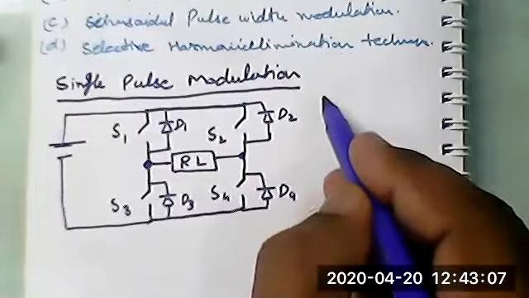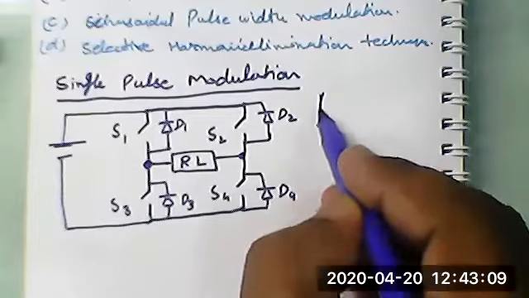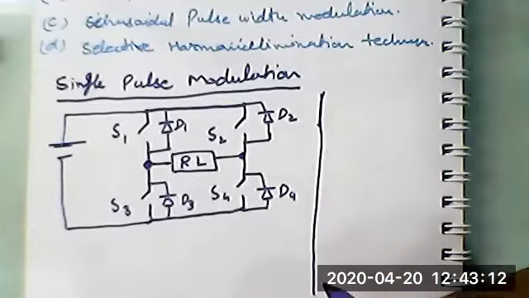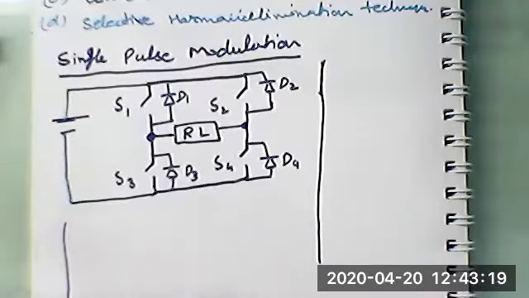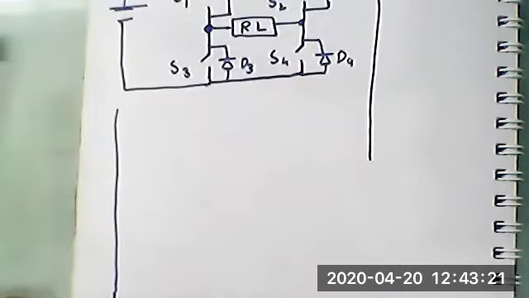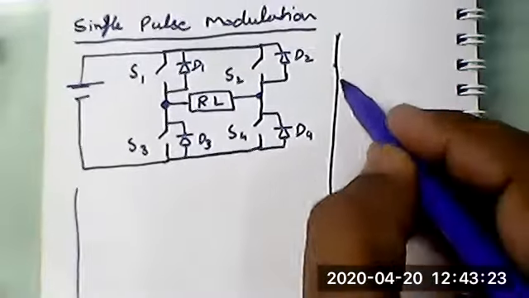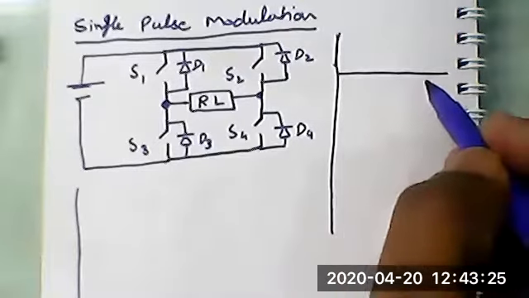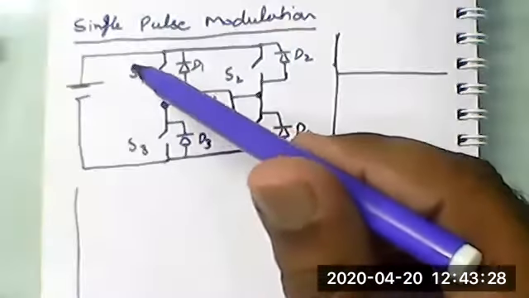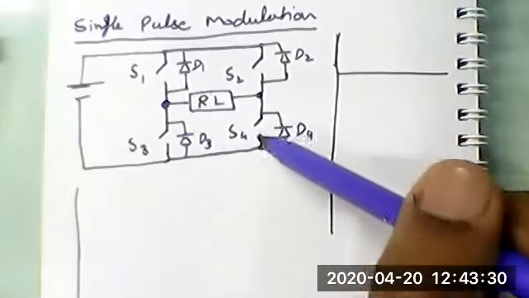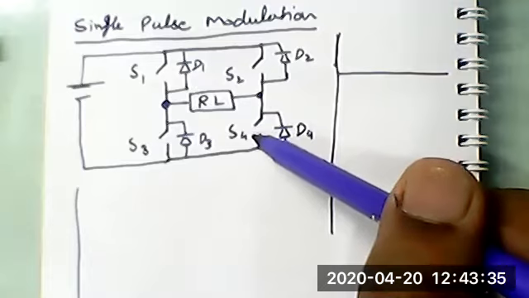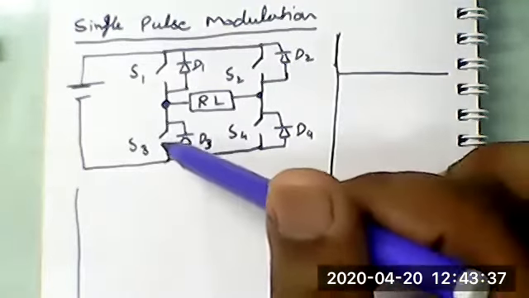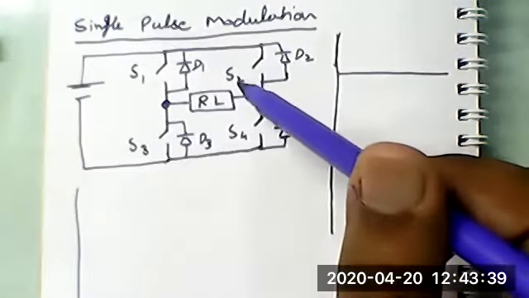Now, what you have to do? You have seen in case of, let me draw here, it will be much more clear. In case of the square wave inverter, what we have studied in the previous case, S1 and S4 were on for the period of T by 2, and S2 and S3 were on for the period of T by 2.